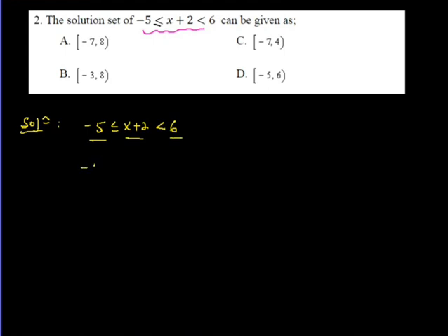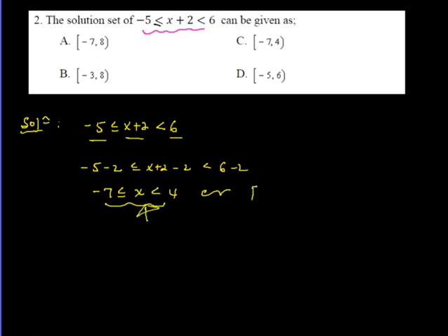So it becomes minus 5 minus 2 is less than or equals to x plus 2 minus 2. This is less than 6 minus 2. Okay, so what will this be? Minus 7 is less than or equals to x less than 4. So here x goes from minus 7 inclusive up to 4. This is the solution set using inequality notation.